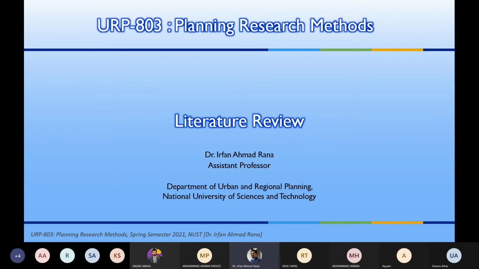You just need to search something on the internet, and then extract relevant material or arguments which can support your work, or which can argue against it. It can be positive or negative as well. So it might be supporting or it might be negating, but you need to justify your research based on the balance of both approaches. You can't only refer to the literature which is supporting your research.